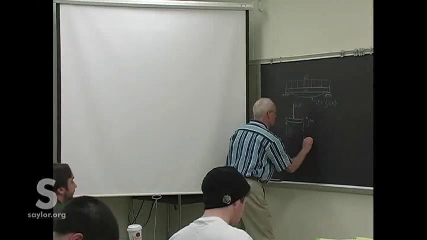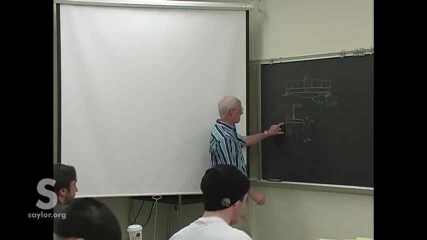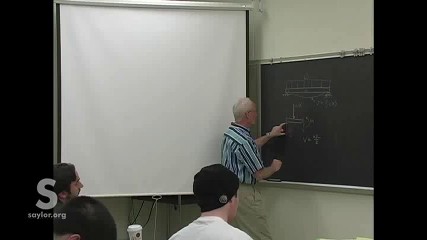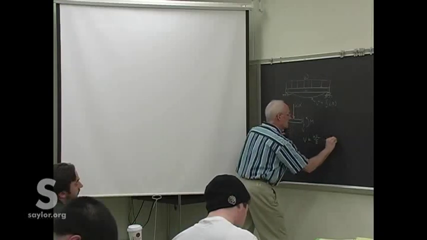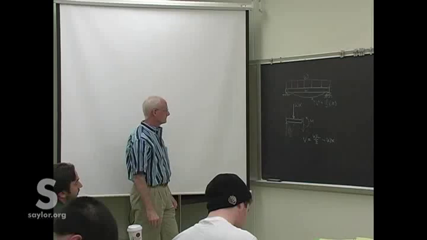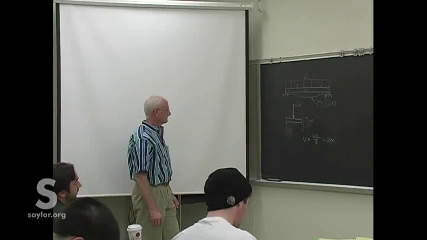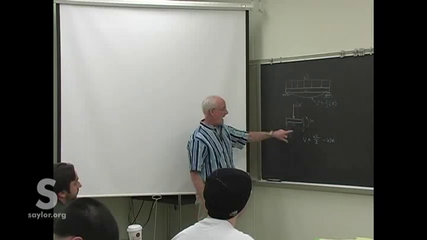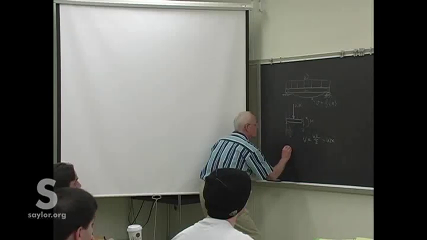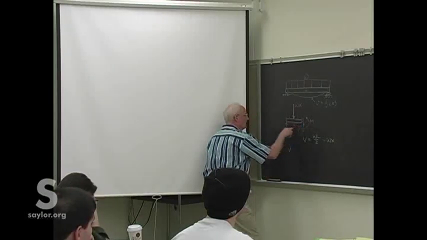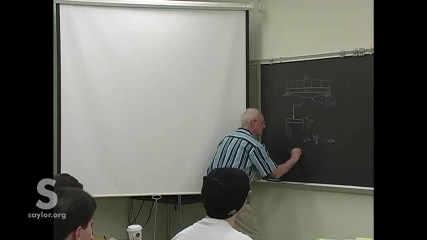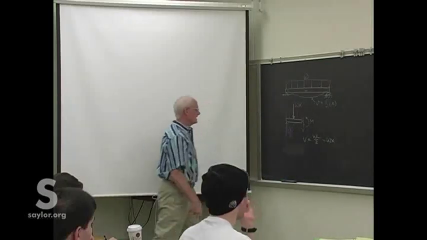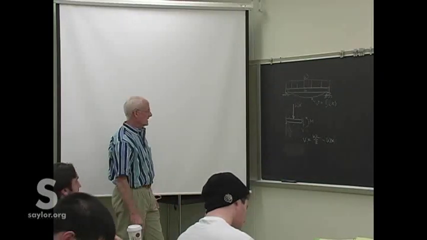All right, so V equals WL over 2 minus Wx. Because V's got to equal that. If I add them together, if I said V, and this is in the opposite direction, it'd be minus WL over 2, and so on equals 0. So this is our way of just saying, remember, all the up things equal all the down things.